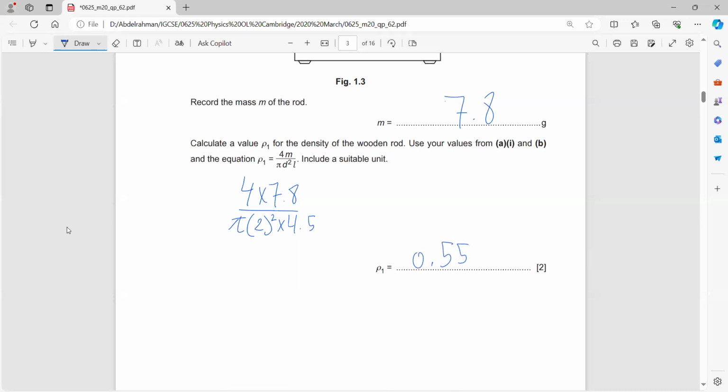Yes, correct, 0.55. What's the unit of the density? That's the question. The second mark should be grams per centimeter cubed. Correct.